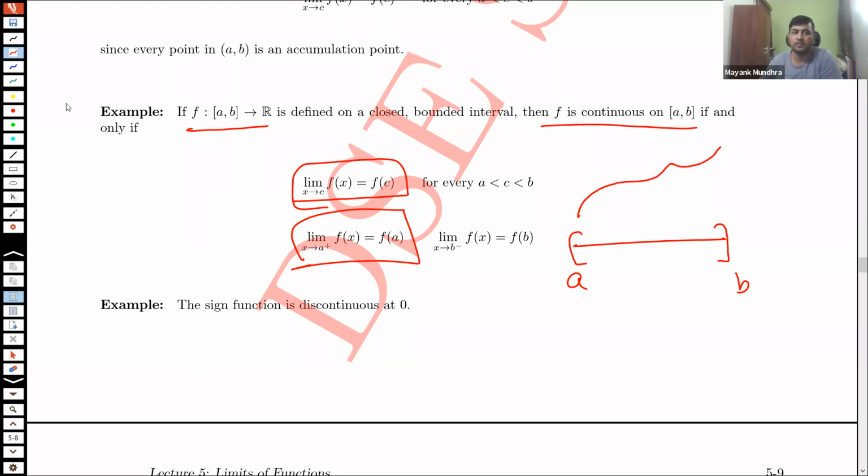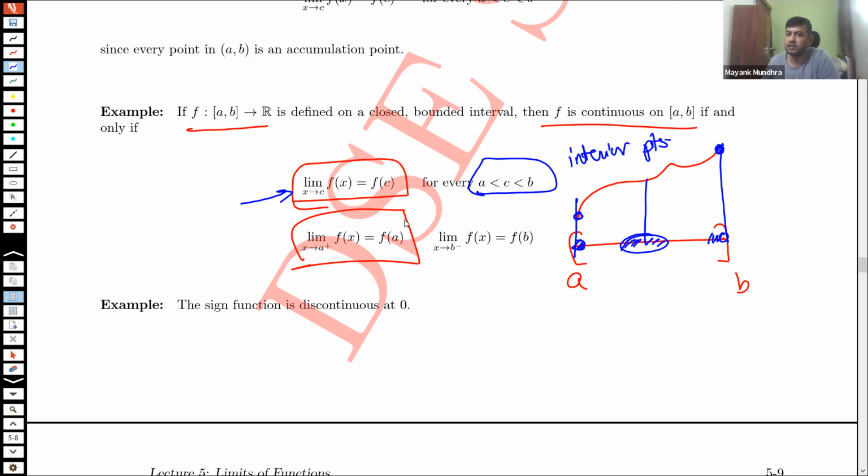This function is continuous if the limit at a plus, that is functional values to the right of a, is equal to the functional value at a. The limit at b minus, that is the functional values to the left of b, should be equal to the functional value at b. And for any interior point, the normal limit definition applies. So for all points between a and b, the functional value should be equal to the limit.